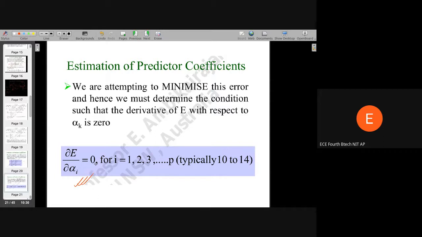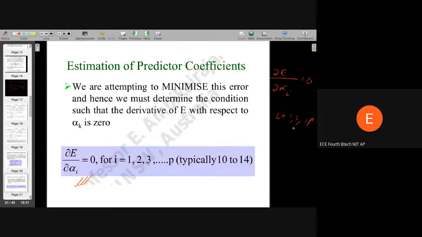So we will use this basic calculus. We want to minimize the energy, so we take the partial derivative with respect to this particular term, which we denote as alpha i. You can denote it by alpha k, it doesn't matter, these are all notations. How many parameters had we chosen? We had chosen p weights, or p coefficients, or p poles.